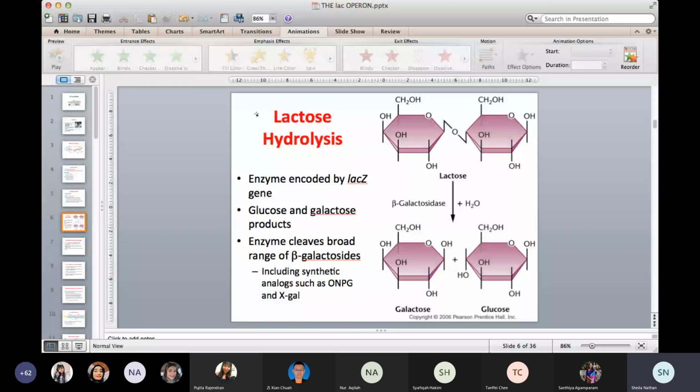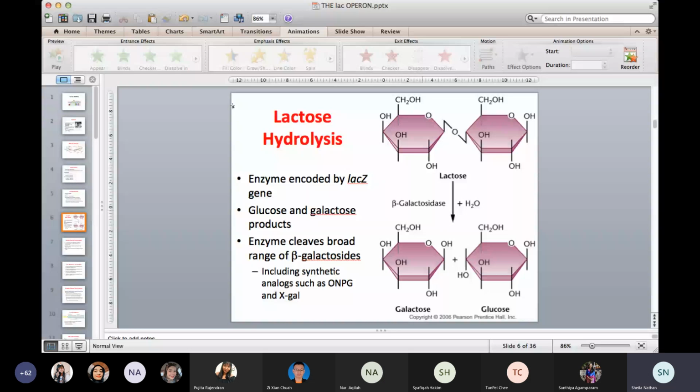The enzyme that hydrolyzes lactose to galactose and glucose, basically hydrolysis is breaking this bond here, to produce 2 separate molecules, and this reaction is catalyzed by beta-galactosidase. Beta-galactosidase is the product of the Lac Z gene. Remember, Lac Z is one of the 3 genes.